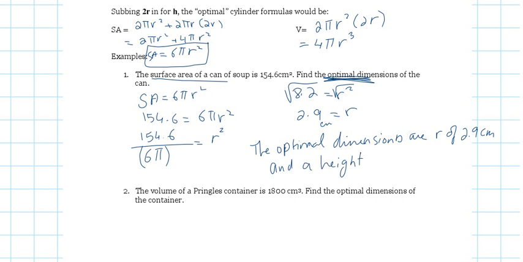Height is 2 times the radius, so it's going to be 2 times 2.9, which is equal to 5.8.